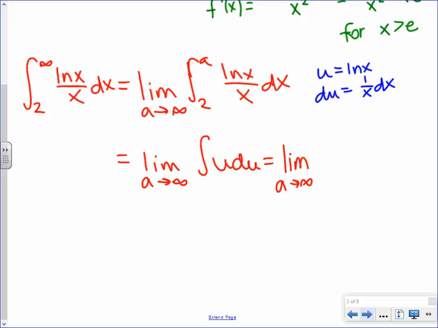The antiderivative is 1/2 u squared, and we have to evaluate it from 2 to a.